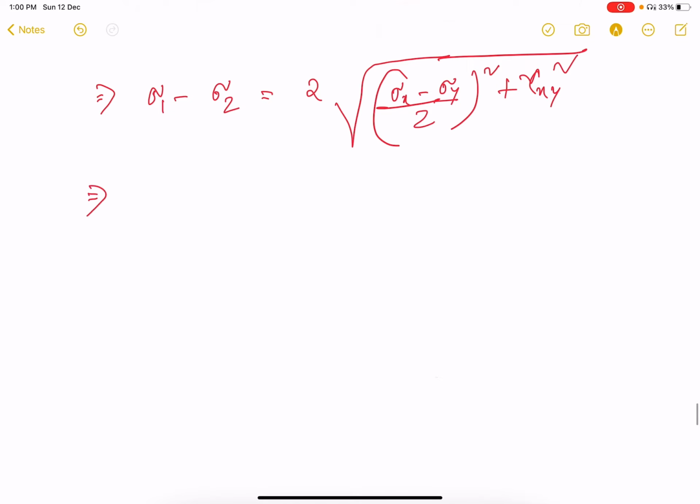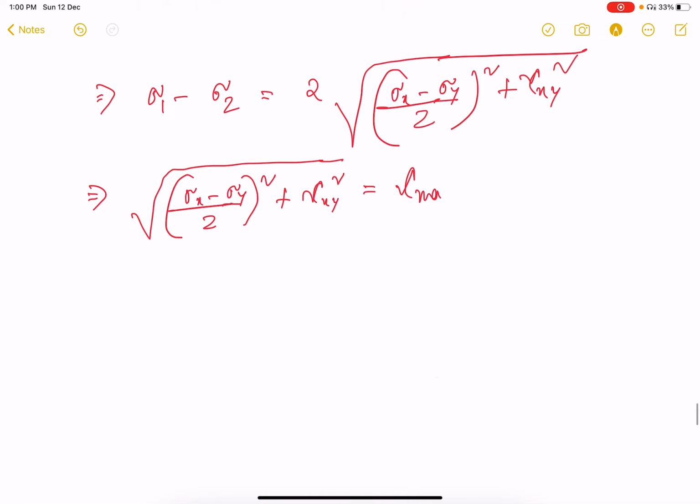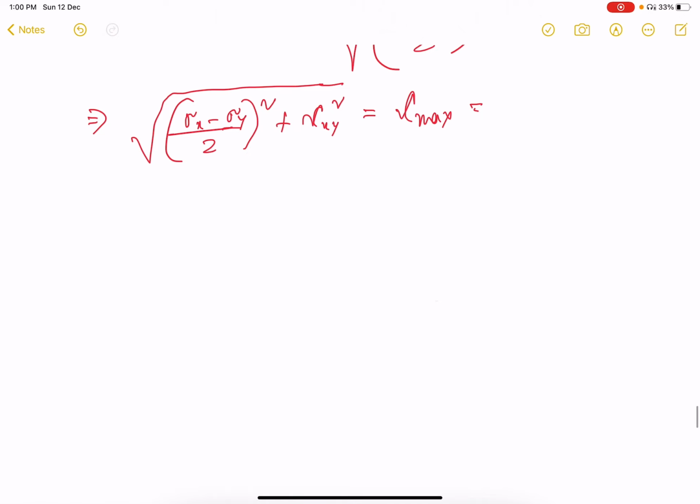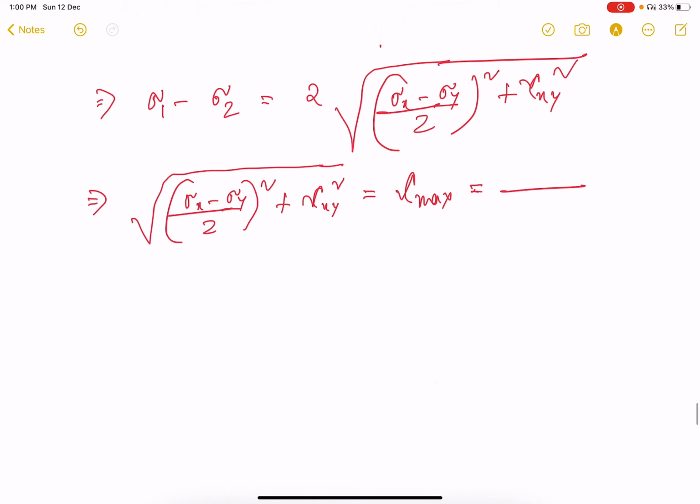This implies the root of sigma x minus sigma y divided by 2 whole square plus tau xy square, which is nothing but tau max, as we have already calculated, is equal to sigma 1 minus sigma 2 divided by 2.